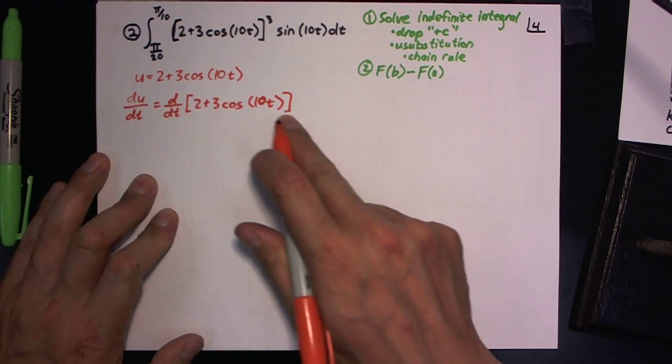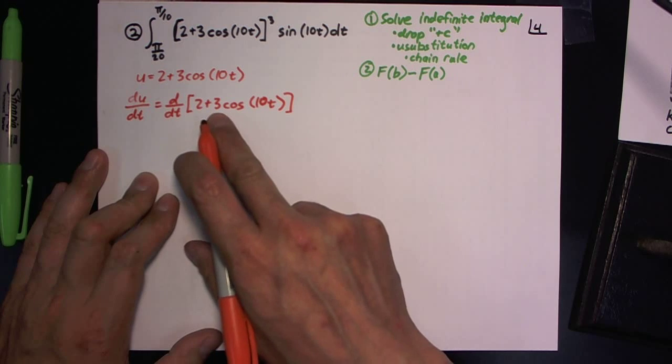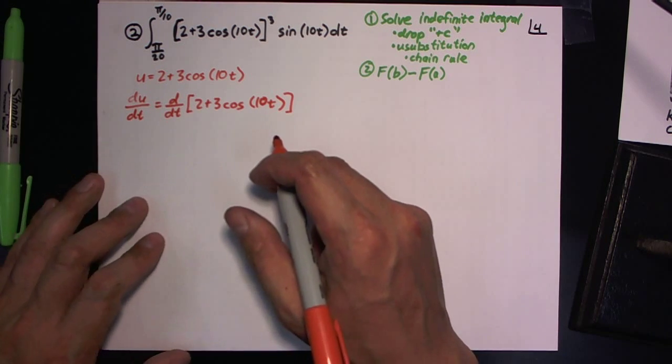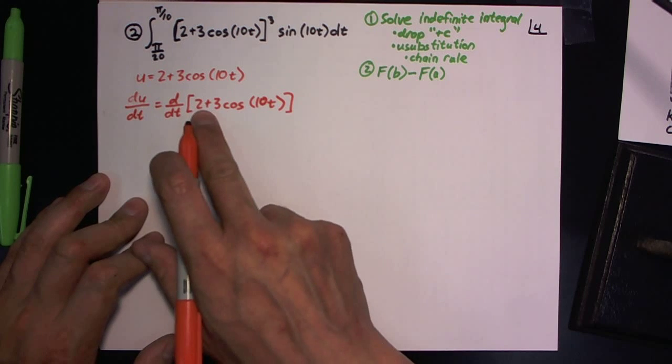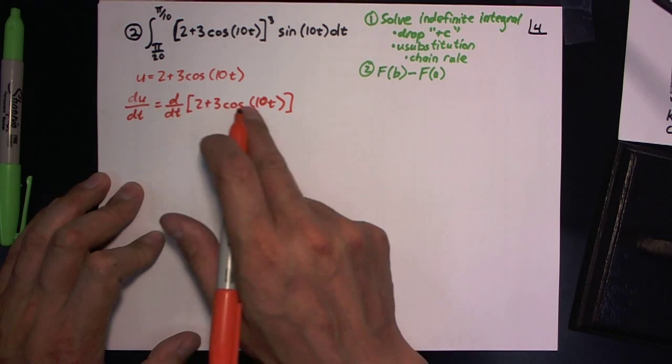Alright, so we've got a little bit more complicated derivative here because it's got more than one term, and then it's got this 3, and then it's got the cosine, and then you have an inner function. So let's take a methodical approach. We got the plus sign here, and that means we have to distribute the derivative across these two terms.